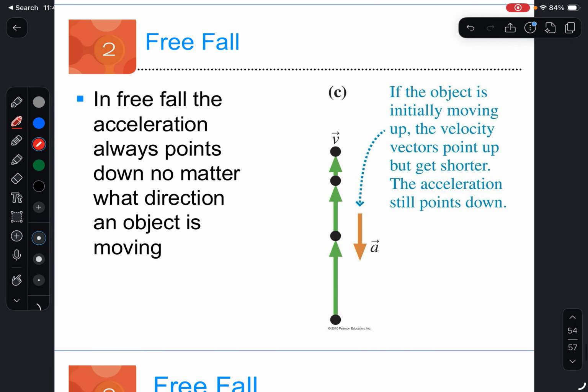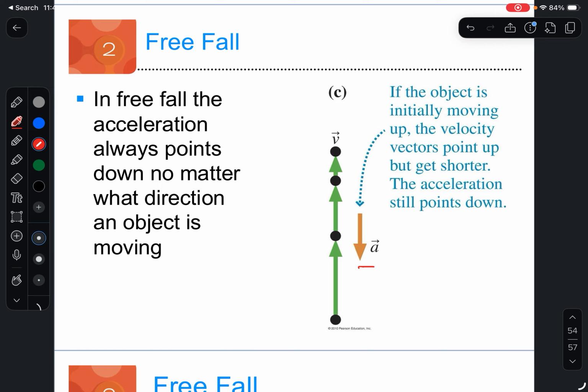Now, in free fall, your acceleration always points down, regardless of whether your object is being thrown up. In this case, your object is initially going up. Notice how your velocity vectors are getting smaller because the object is approaching a stop.